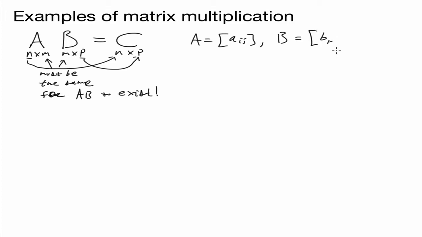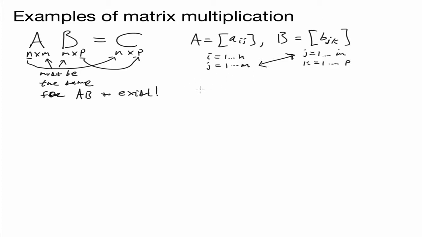Sorry, I need to restate that: the second index of A has to match the first index of B. So here, i is going to run from 1 all the way to n, and j is going to run from 1 all the way to m. For B, j is going to run all the way to m, and k is going to run from 1 to p. And it's clear here that these have to be the same.